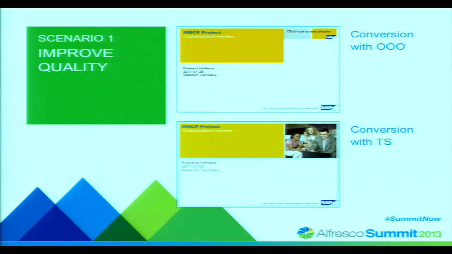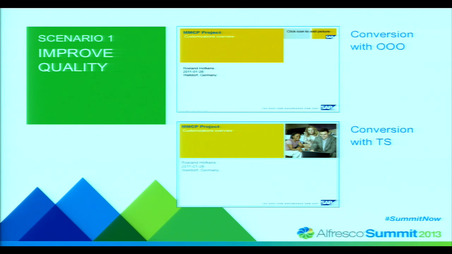So what's the first scenario that we're looking at? The main thing that we had, for example, at SAP is that their PowerPoints did not show up well in the preview. So it was a business case for improving the quality of the preview of converted documents, PDF transformations of Office documents.